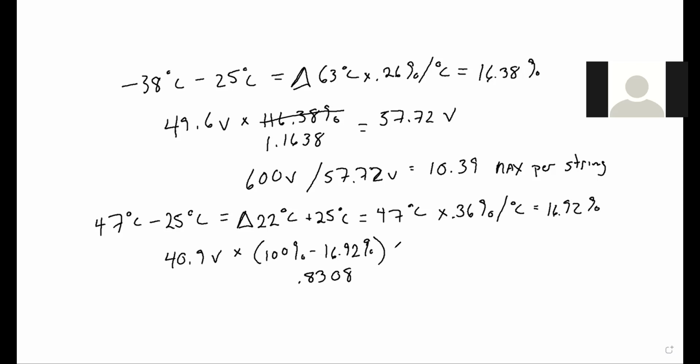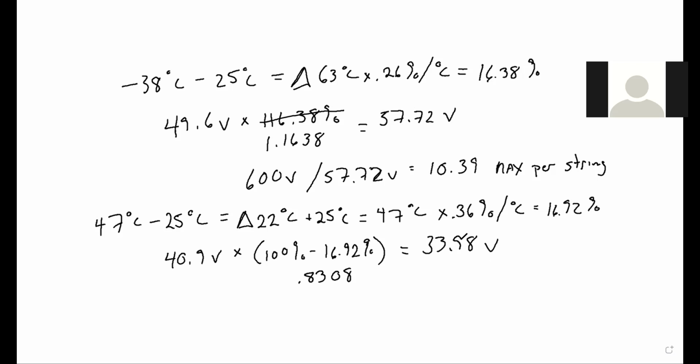I got a number bigger. 40.9 times 0.8308. Yeah, there we go: 33.98, almost 34 volts. So on the hottest day, this will produce 34 volts, and on the coldest day, it might produce almost 58 volts.